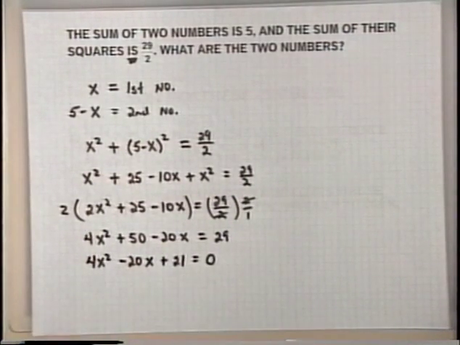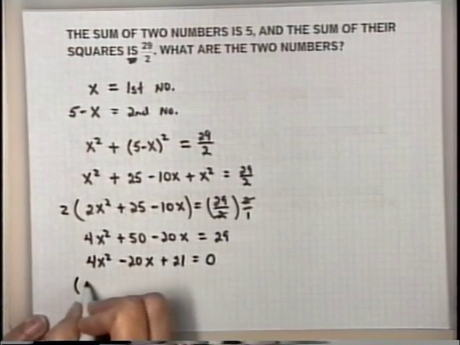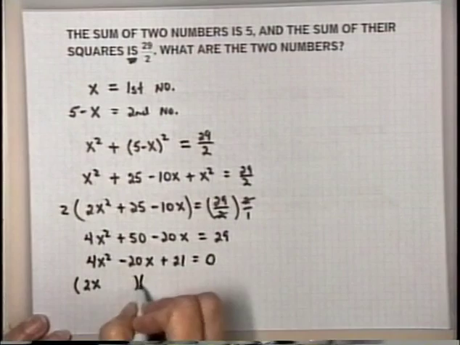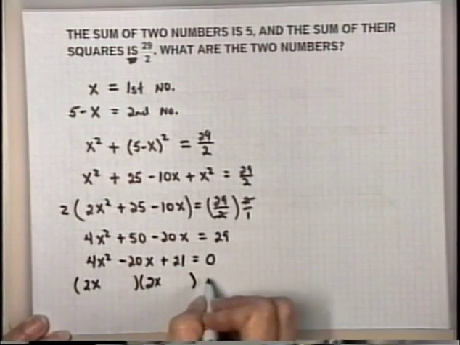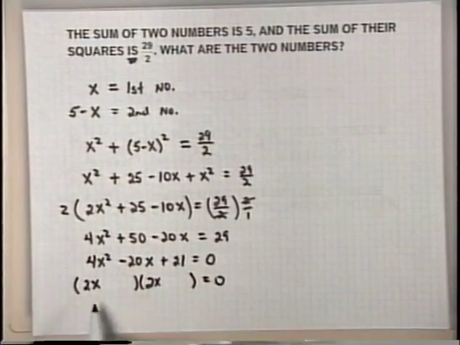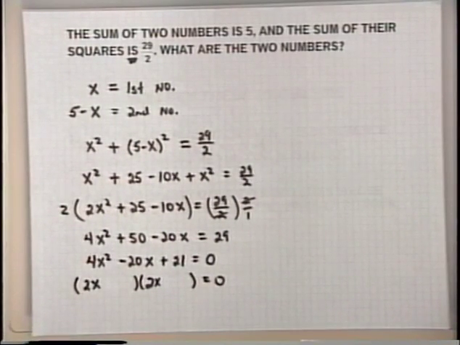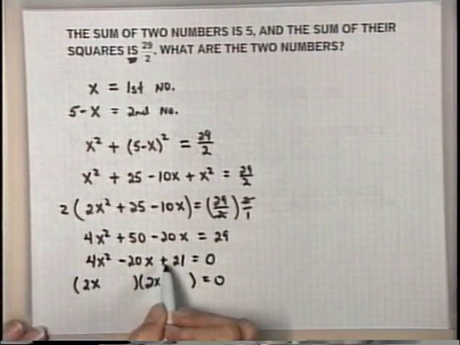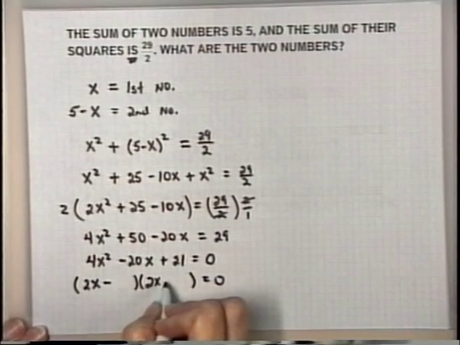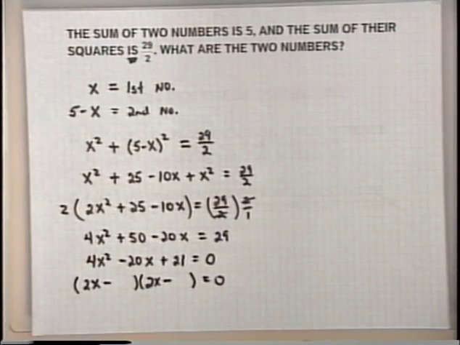I do not have a common factor here, so I'll just need to factor this. I think I will try 2x times 2x first to see if this will work. Remember, if this combination to give 4x squared is incorrect, I'll need to try the combination 4x times 1x. We have like signs, both are negative, so let's put those negative signs in.